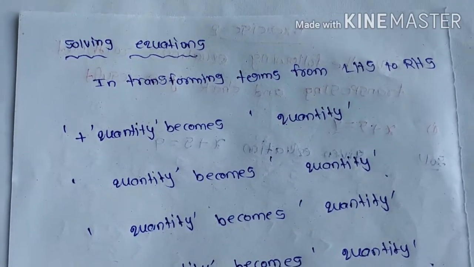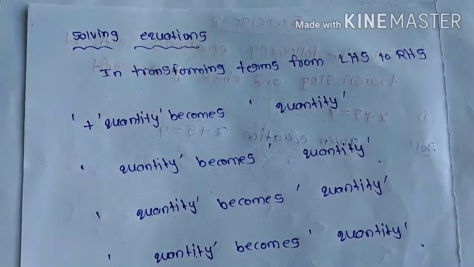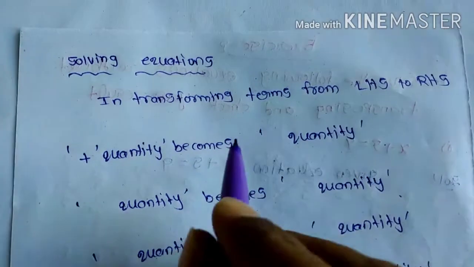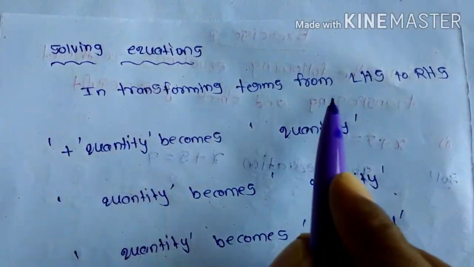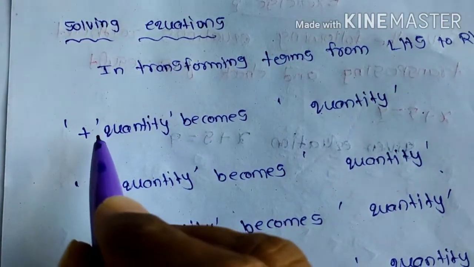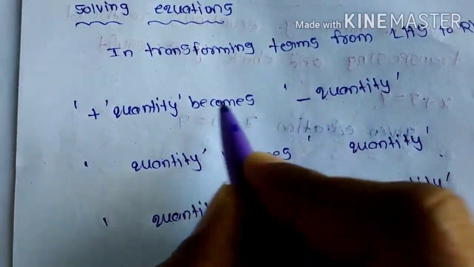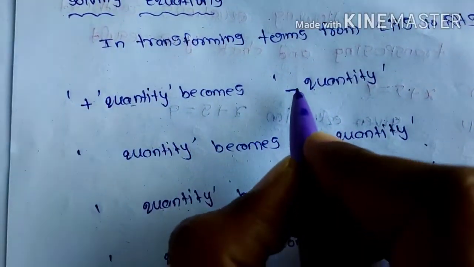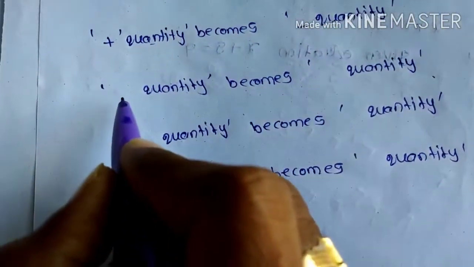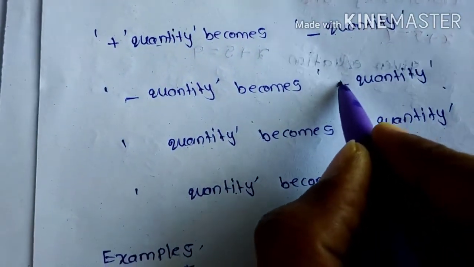If we are transposing the terms, how the symbols would be changed, we can see here, in transposing terms from LHS to RHS. Plus quantity becomes minus. Minus quantity becomes plus.